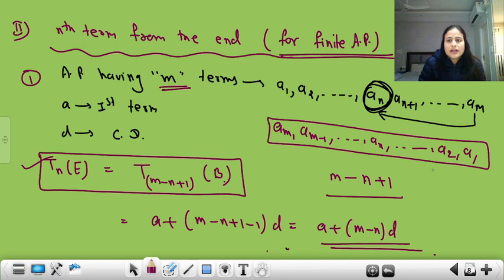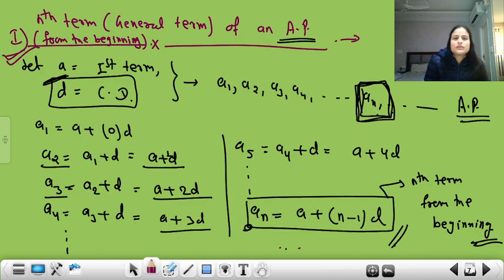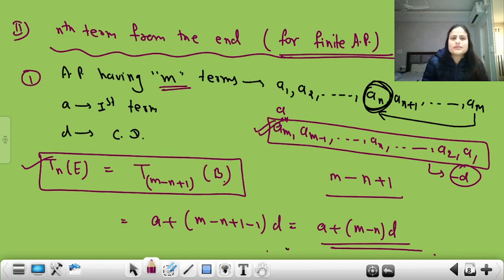Still this will be an AP, and here the common difference is going to be negative of d, and consider this last term as the first term, and use the previous formula. Yes or no? We can do it by this. Right? So I think the second one is going to be quite easy. Okay, although you have this formula also.